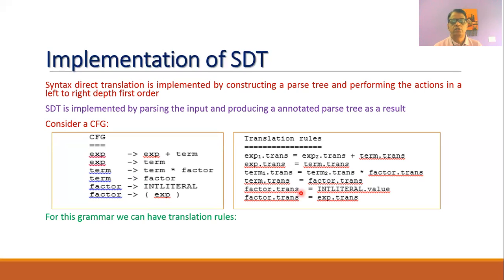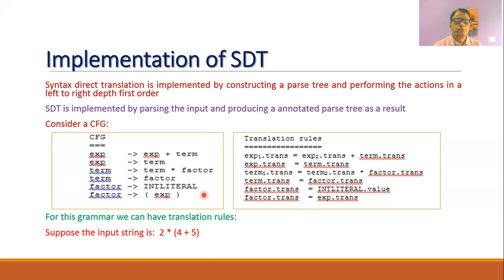Factor dot translation can be assigned integer literal dot value, and factor dot translation can be assigned the bracket of expression, which is just the expression dot translation value. So one can easily understand that these rules tell us exactly the semantics associated with the different productions of this context-free grammar.